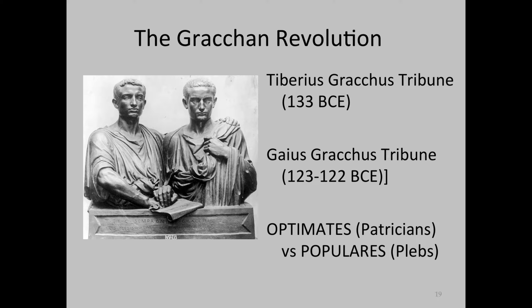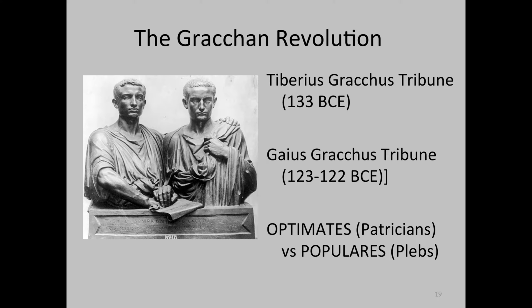His plan had something for everyone: something for the plebs, something for the equestrians, and also for the non-Roman Italian allies. He offered equestrians lucrative contracts as tax collectors in the new provinces of Asia.